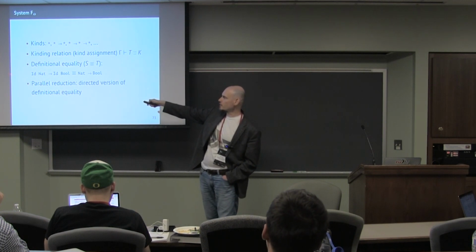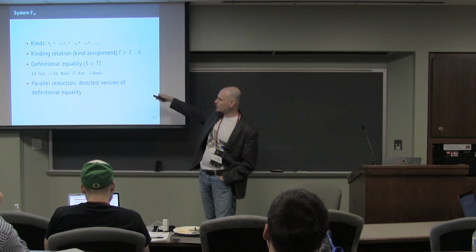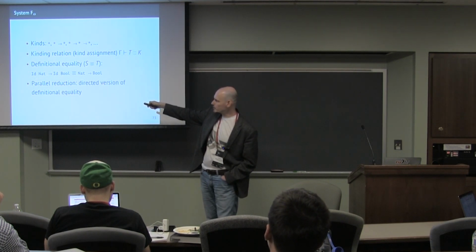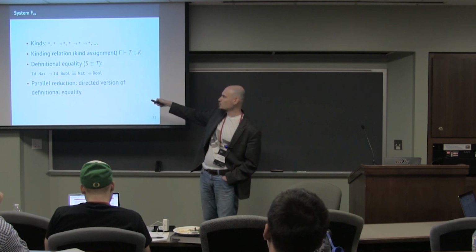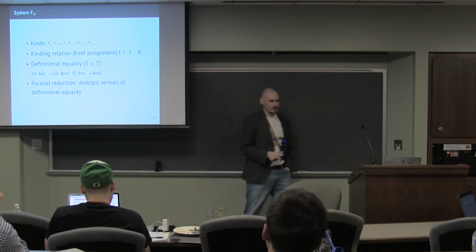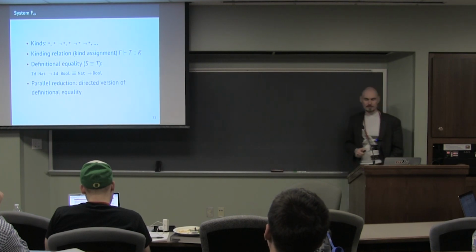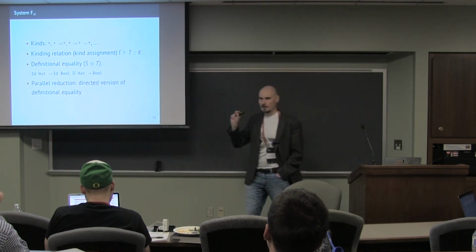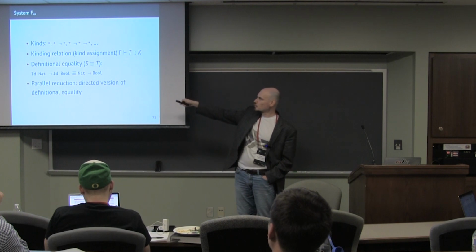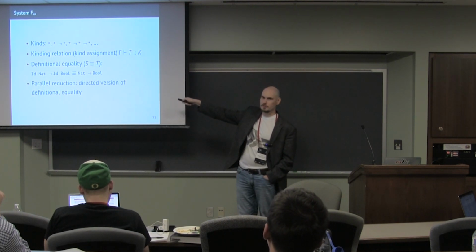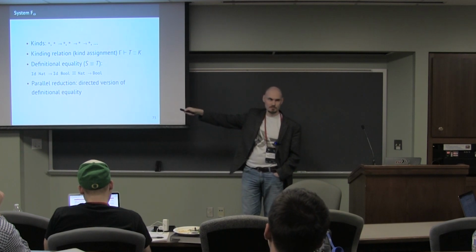If you have an identity function over types, then these 2 types should be equal, because ID nat is evaluated as nat, and so it will be nat to bool. So you want to have a system with this equality of types. And then there is parallel reduction. We use this equality, but it goes from this side to that one. So it's a directed variant of it.